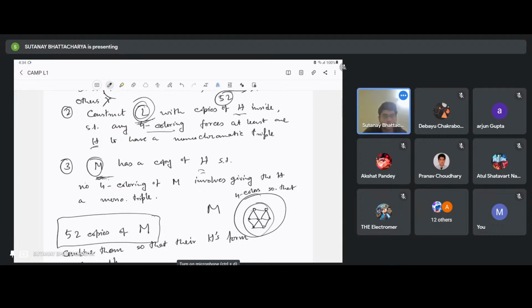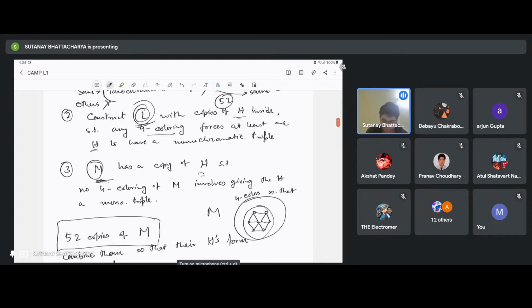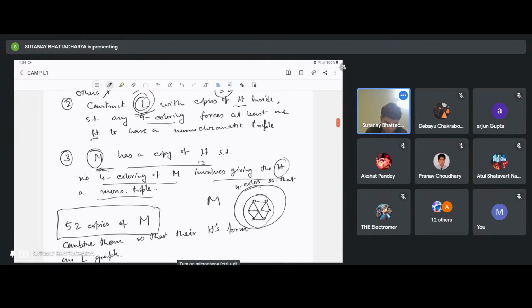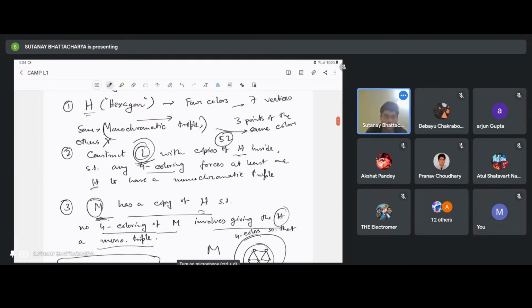Something went wrong here. Sorry, M does not have a monochromatic triple. So read the statement again: no four coloring of M involves getting the H a monochromatic triple. So no matter how you color M, you should not be able to get a monochromatic triple hexagon. Yes, sorry, I was briefly confused there. Yes, so this is all correct. If it's still not making sense, just let me know.